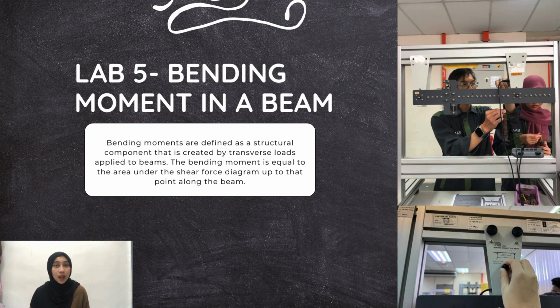Basically, bending moment is defined as a structural component created by a transverse load applied to the beam. The bending moment is equal to the area under the shear force diagram up to that point along the beam. The bending moment at the end of a simply supported beam is always equal to 0.